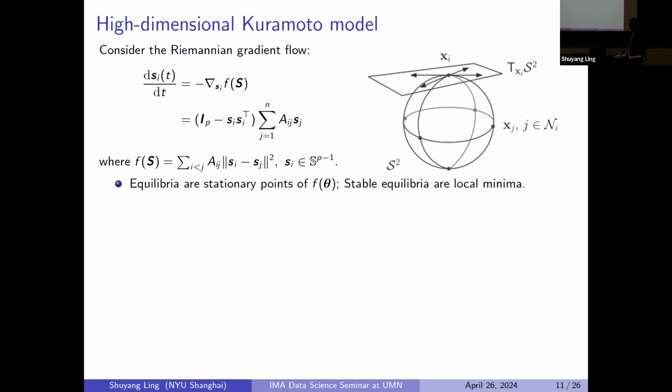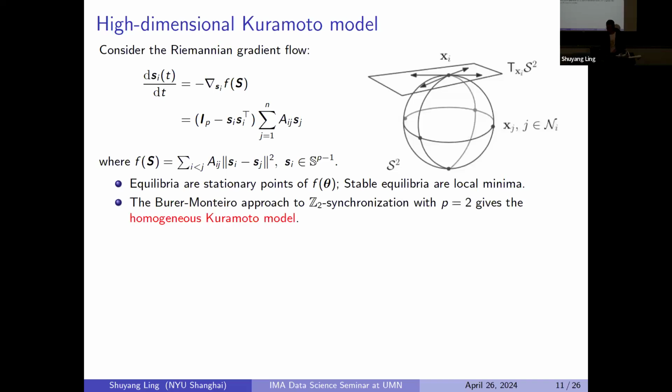And in the dynamic system community, people care about the following things. They are probably using different language. For example, an equilibrium is essentially a stationary point of this system, right? A local minimizer of this objective function will correspond to a stationary point of this dynamic system, and a stable equilibrium is, of course, a local minimizer.